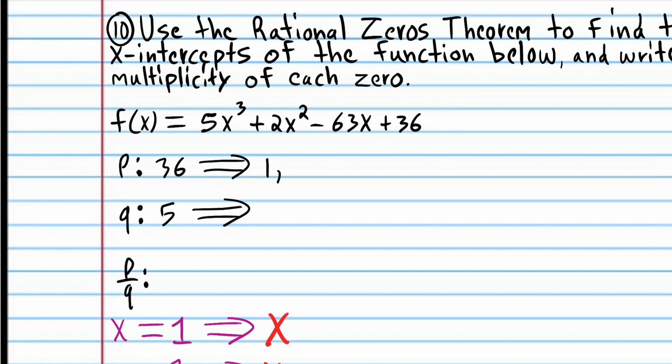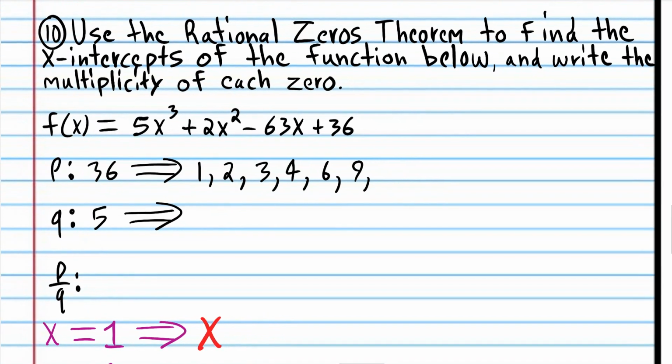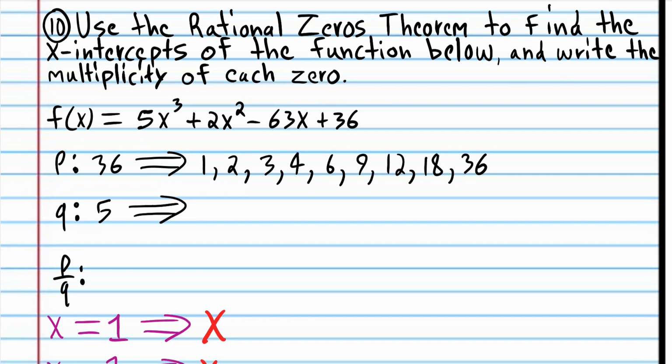So we're going to find the factors of 36. Whoops, I missed one. I'm on 6. And we have 12 and 18 and 36. I think I got all the factors there.